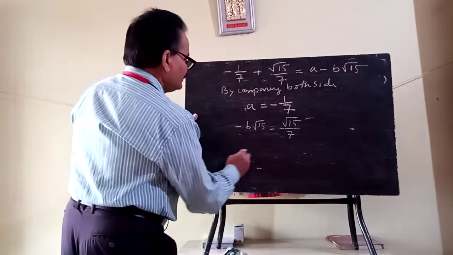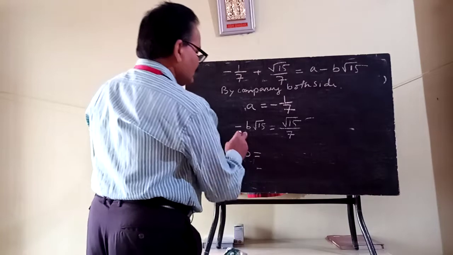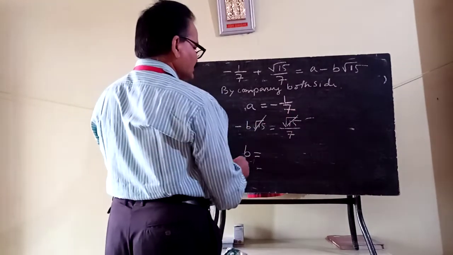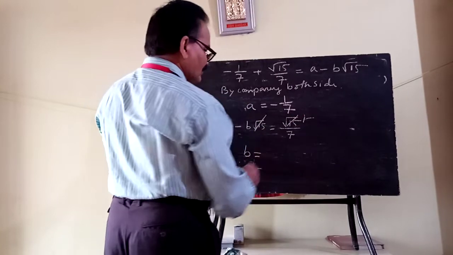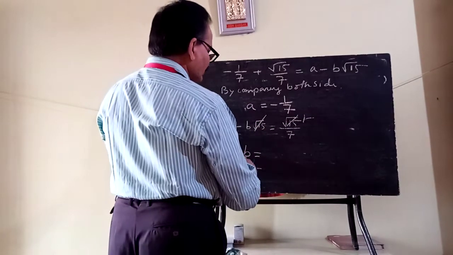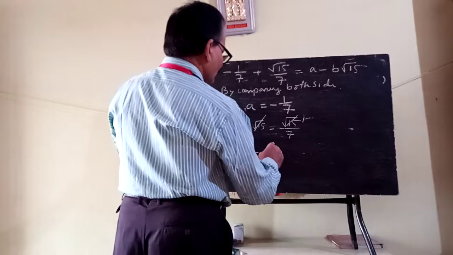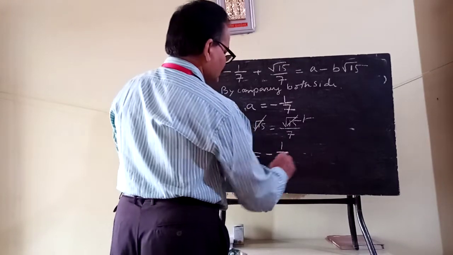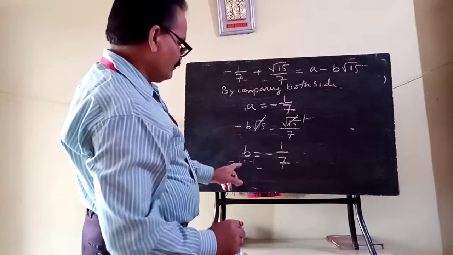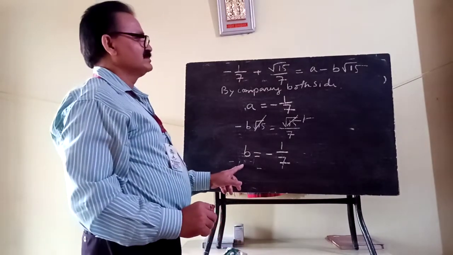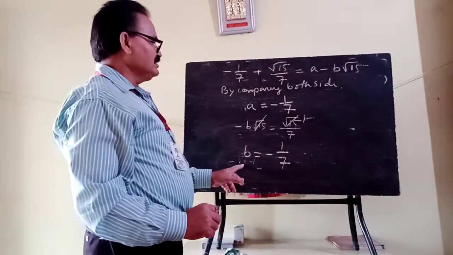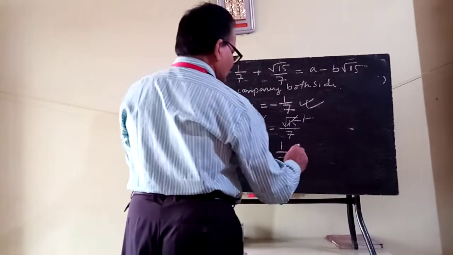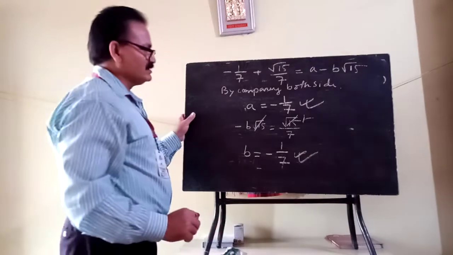Then b equals what? The root 15 cancels, and in the numerator it is 1, so b will be equal to minus 1 by 7. Then only, your a is minus 1 by 7 and b is also minus 1 by 7.